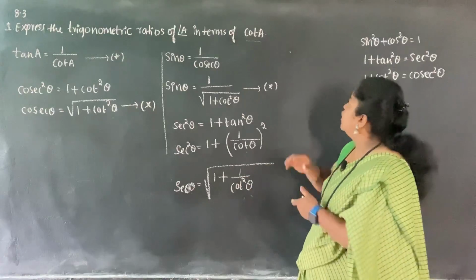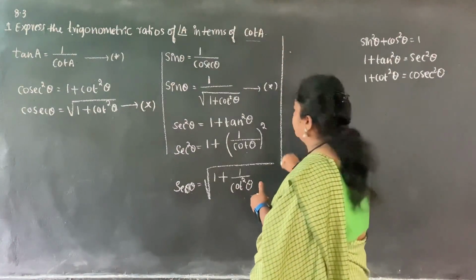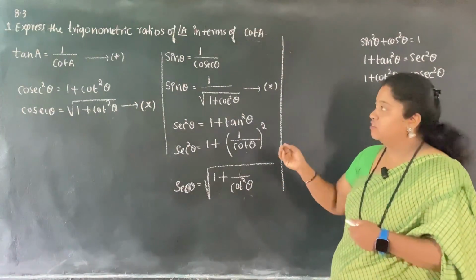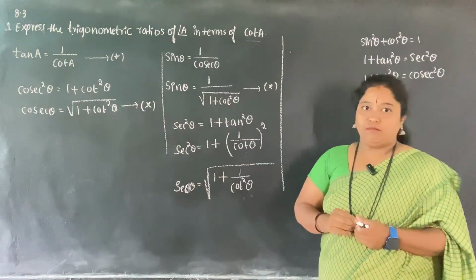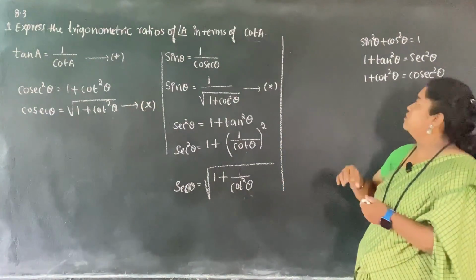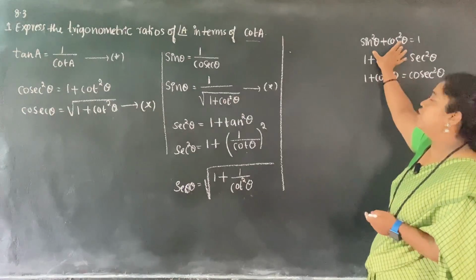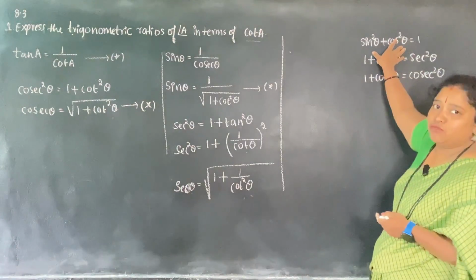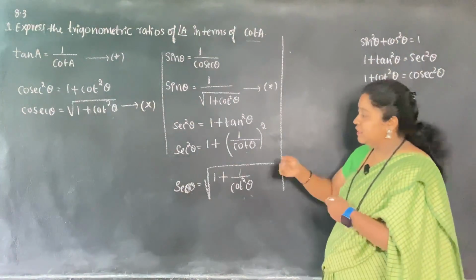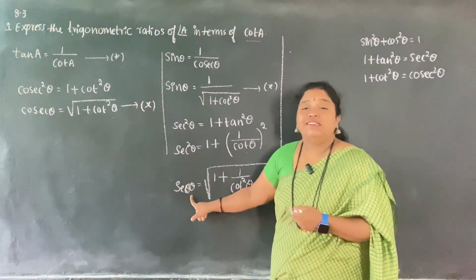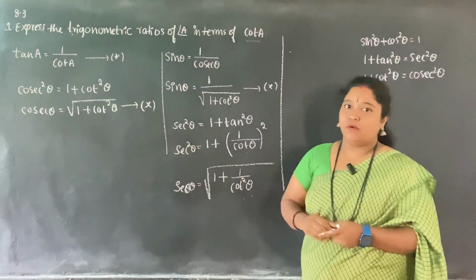Okay, now the last one that we have to use is cos theta. Yes or no? Cos theta also you have to represent in terms of cot. Any way you can use, dear. Either you use this trigonometric ratio to represent in terms of cos, or you use the reciprocal relation, dear. Sec and cos are reciprocal to each other.